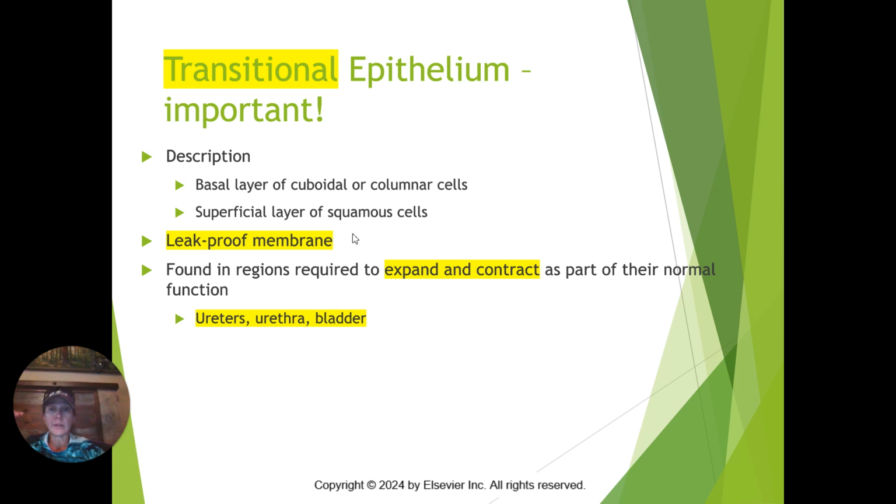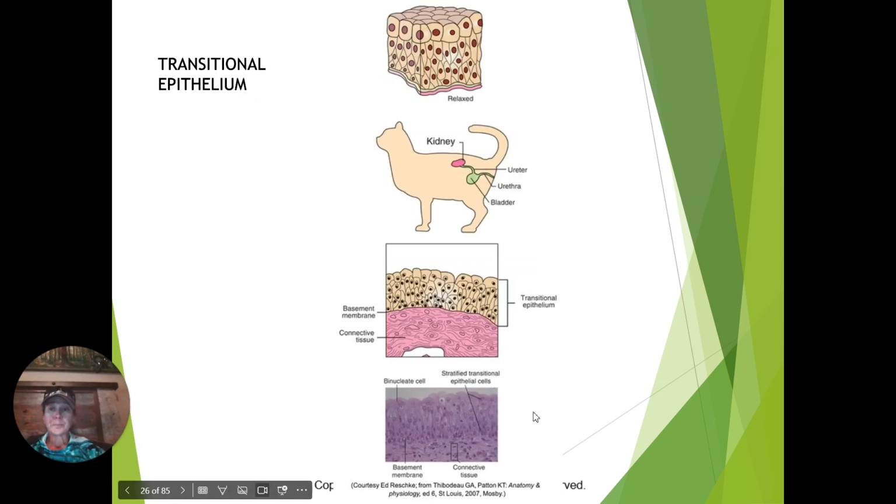And the design of transitional epithelium is so that it provides for a leak-proof membrane in areas that expand and contract. So you can imagine your bladder, your urethra, those are expanding and contracting much more so than our gastrointestinal tract is. And those are lined with that transitional epithelium to help with that.